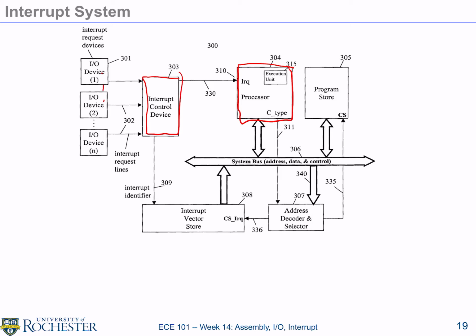You have many I/O devices, and this control sets that up, and it will only send a vector to the processor via a little bus, you can call it, and that's called interrupt request. And let's say you have 1001.